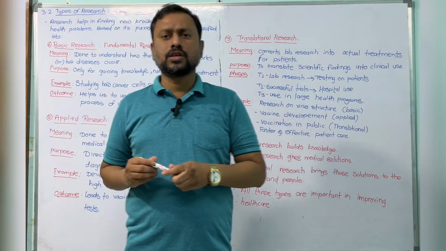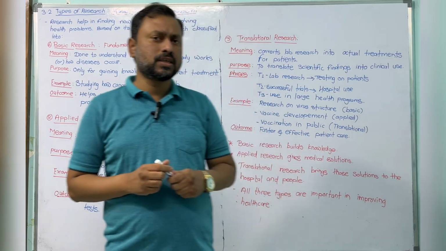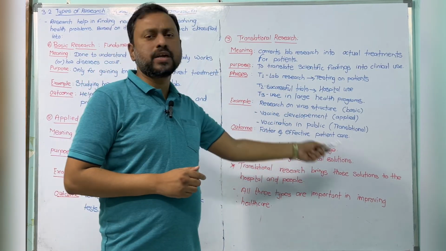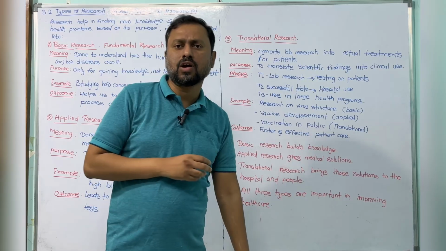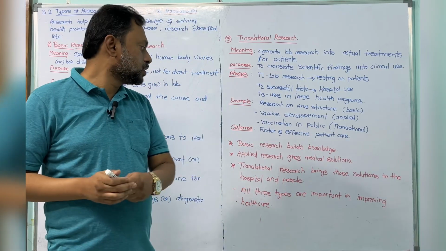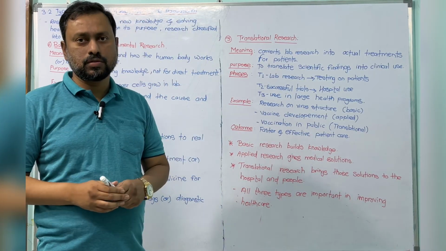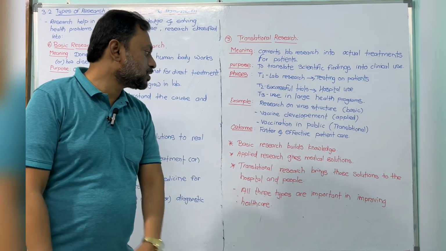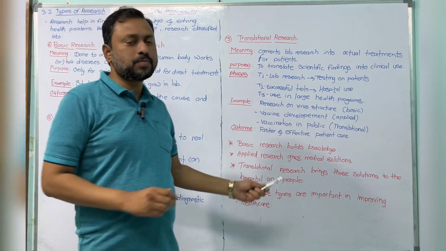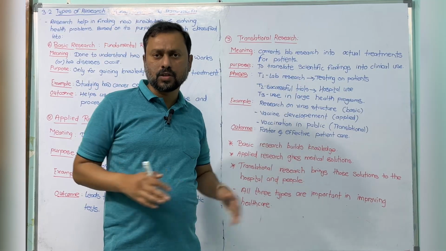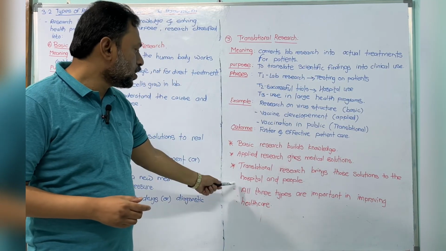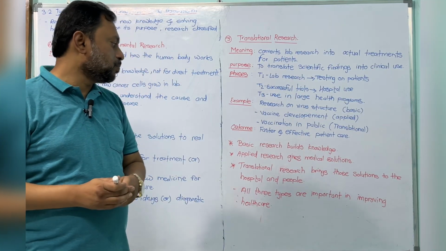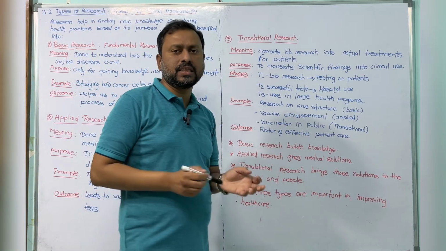Now the conclusion of all three: basic research builds knowledge, applied research gives medical solutions to the problem, and translational research brings those solutions to hospitals and the common people. All three types are important in improving healthcare.